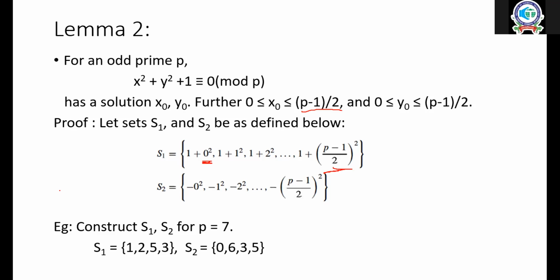What is the meaning of that? It means a square is congruent to b square modulo p. Okay, go ahead. Now that means p divides a minus b into a plus b.